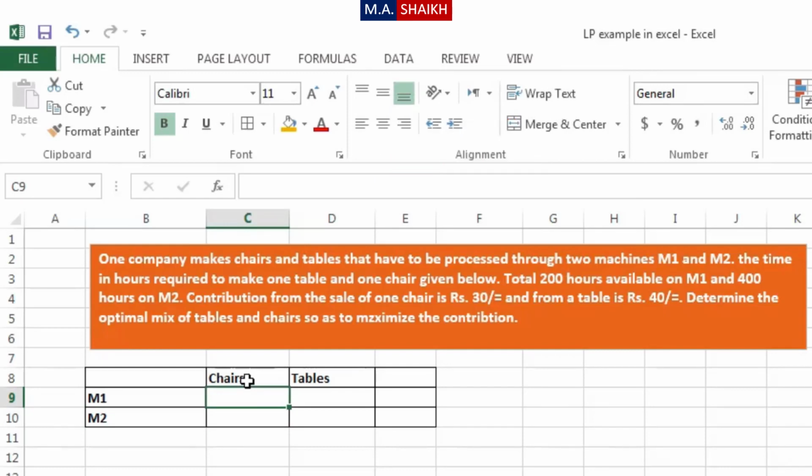The time in hours required to make one table and one chair is given below.